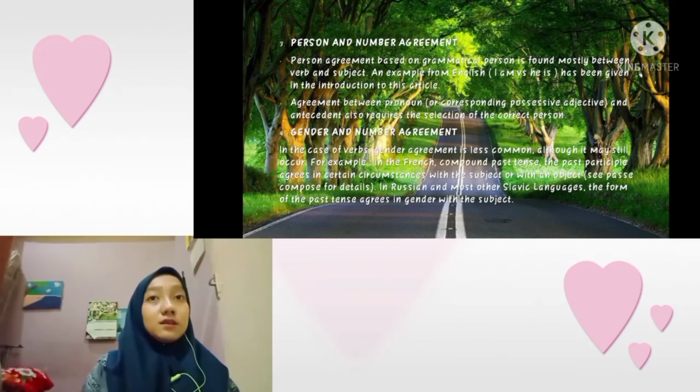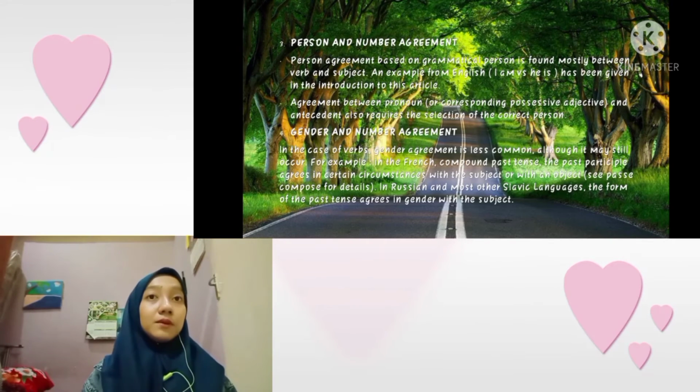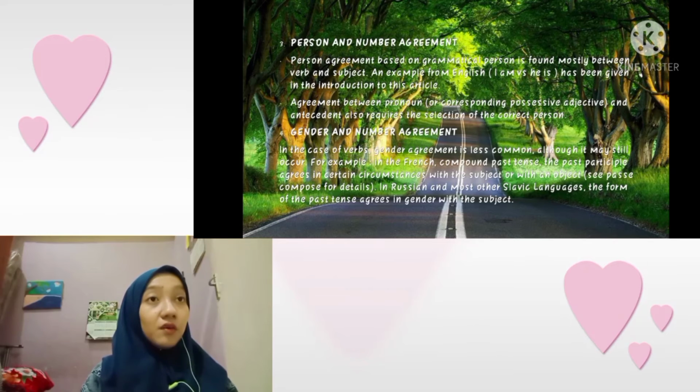3. Person and number agreement. Person agreement based on grammatical person is found mostly between verb and subject. An example from English: I am versus he is has been given in the introduction to this article.